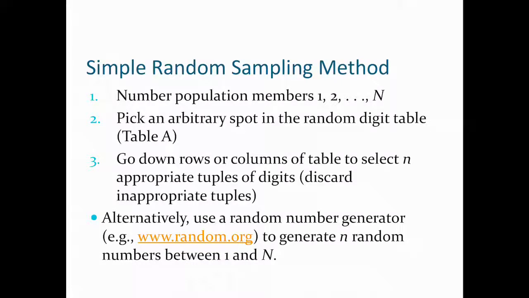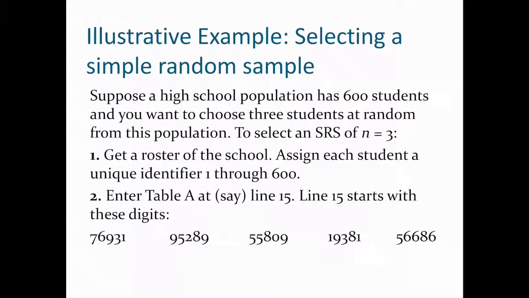Alternatively, you can use a random number generator to generate n number of tuplets. Tuplets is just a fancy way of saying a finite ordered list. By pairs I don't mean 2, but you can have triplets or more, depending on how many people you're looking for. It's just the finite ordered list in which you're looking.